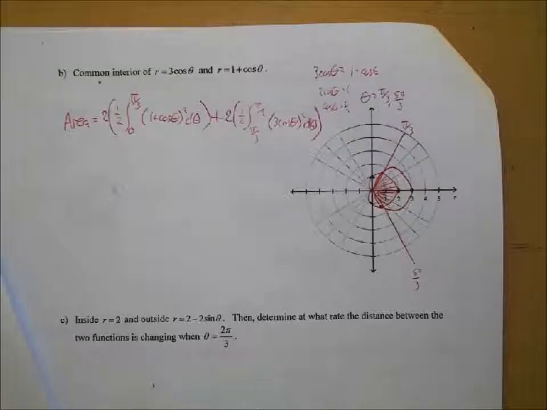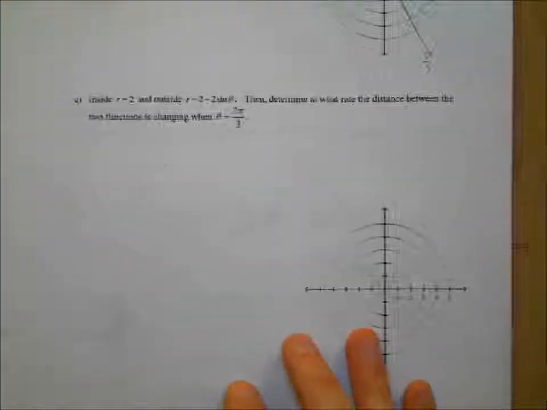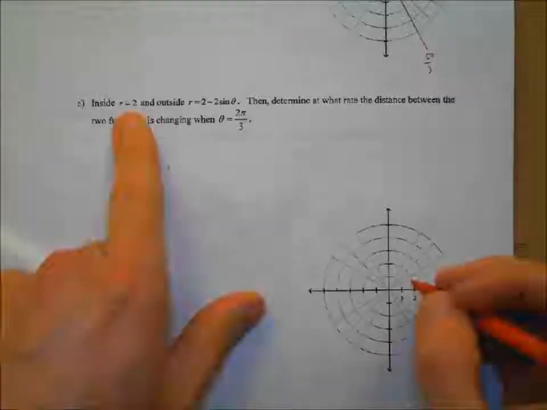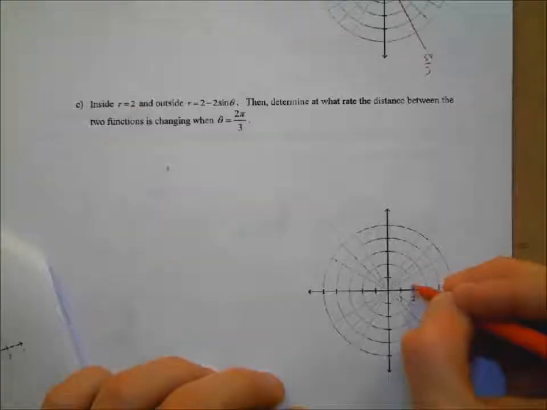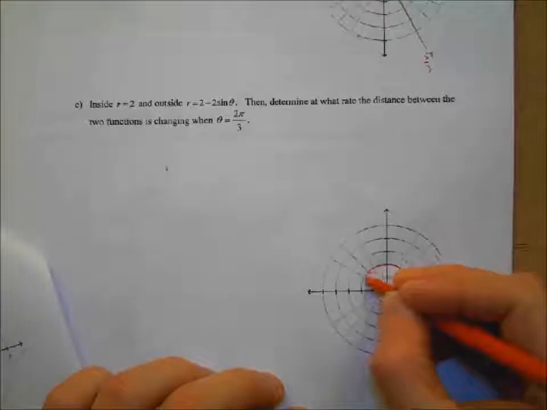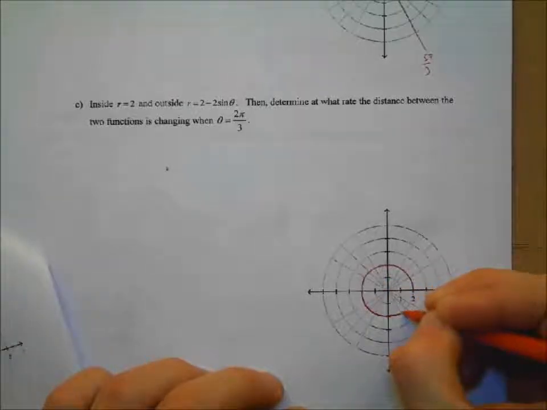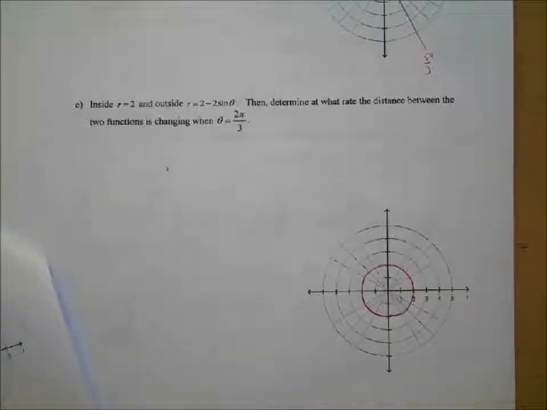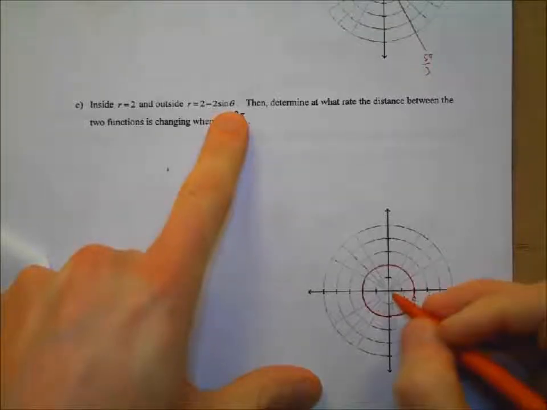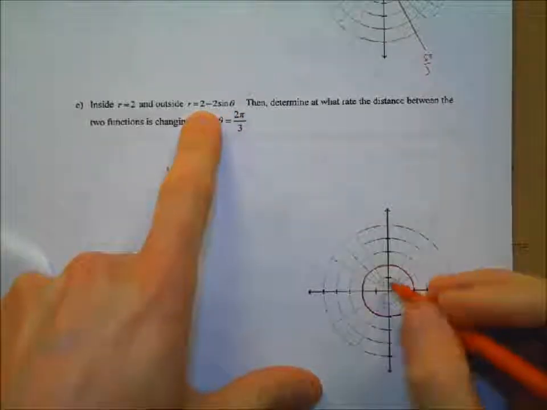All right, we're going to do one more. Uno más, por favor. All right, so inside r equals 2, so there's our graph there. And outside, 2 minus 2 sine theta. Okay, so again, we'll start with 0. Sine of theta is 0 times 2 will be 0, so it starts at 2.